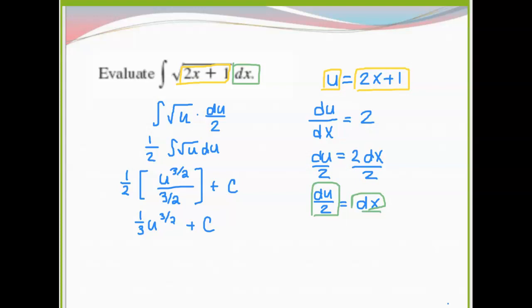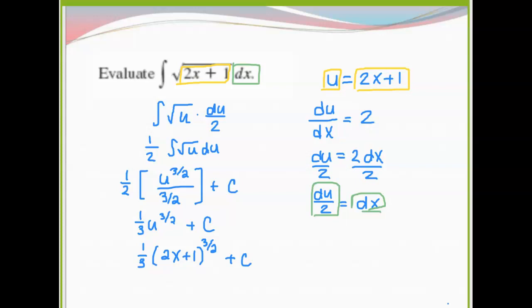But did my problem start with u? No, my problem started with what variable? X. So I need to do one last substitution and say 1/3 go back to x, so it's 2x plus 1, because u is 2x plus 1, to the 3/2 plus c.